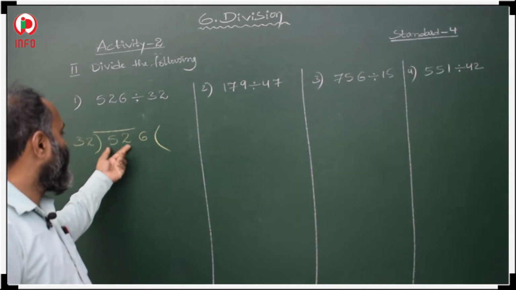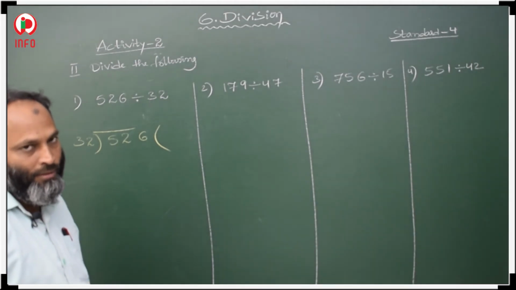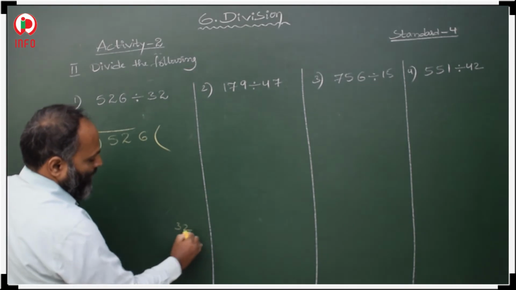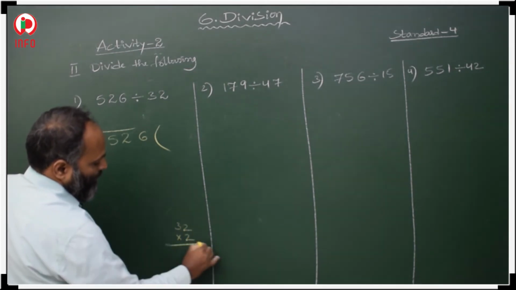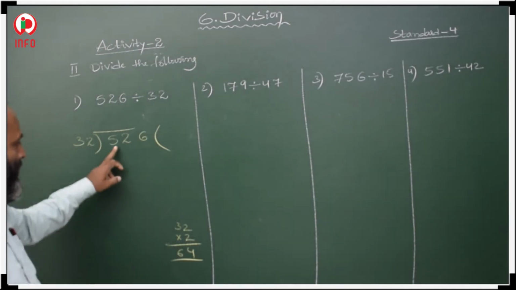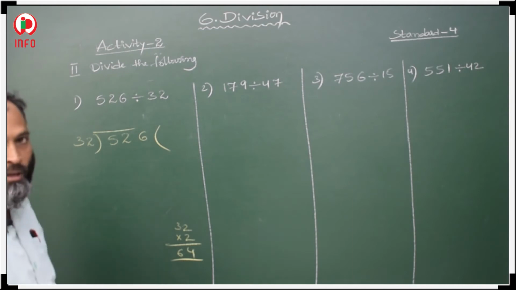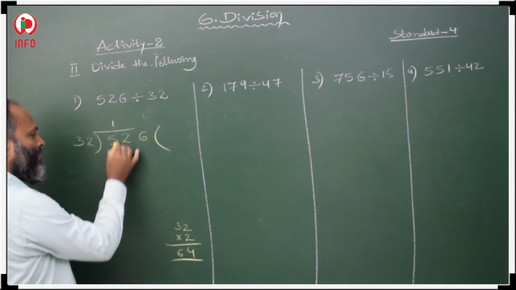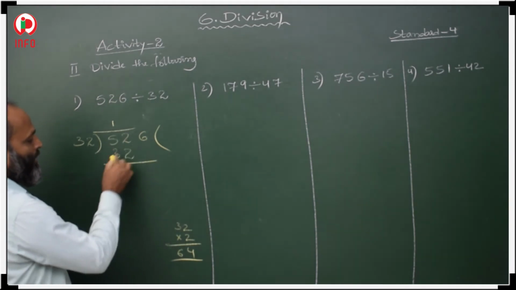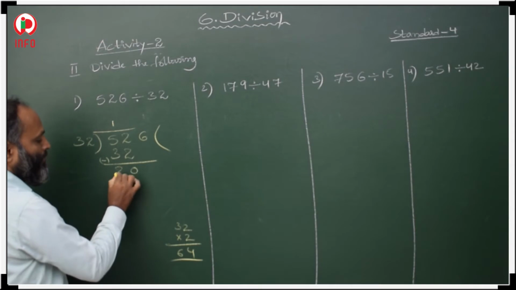So, in the 32 table, when you get 52, 32 ones are 32, 32 twos are, if you do not know, then multiply 32 with 2, 2 twos are 4, 2 threes are 6, 64. 64 is greater than 52. Do not take 32 twos, take 32 ones are 32. Then 2 minus 2, 0, 5 minus 3, 2.